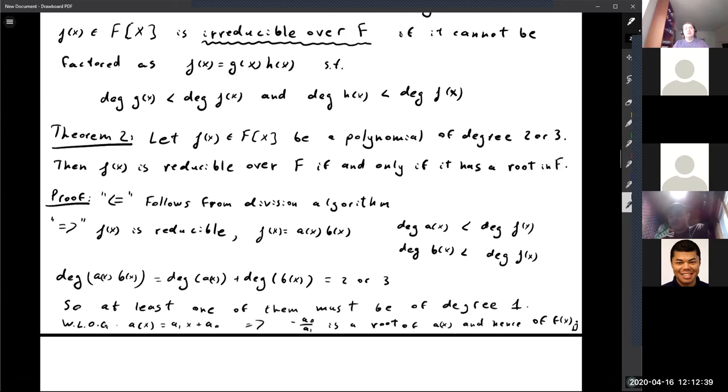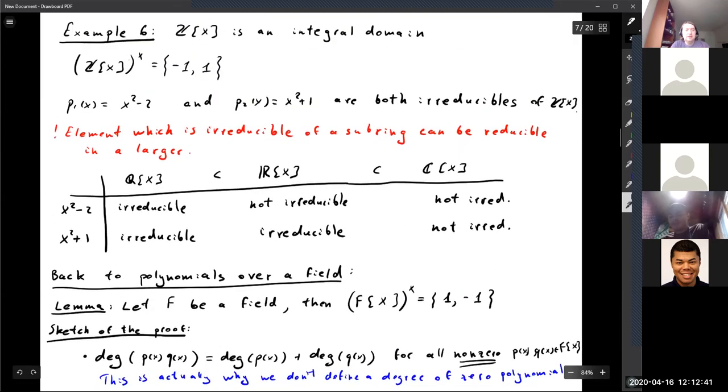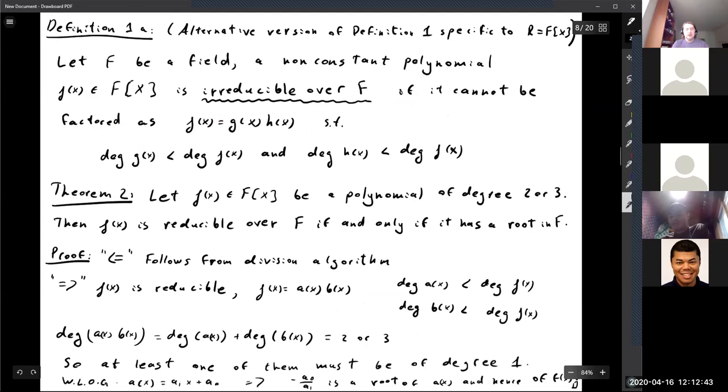Okay, so why do we care about these irreducible polynomials? It's precisely because they play the same role as prime numbers play in the ring of integers. Namely, we can factor every polynomial as a product of irreducibles in an essentially unique way. Essentially meaning that you can have this freedom of multiplying factors by some units.